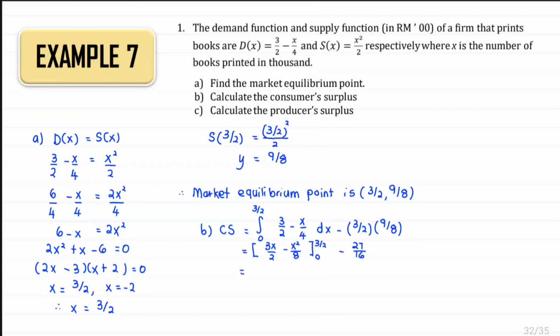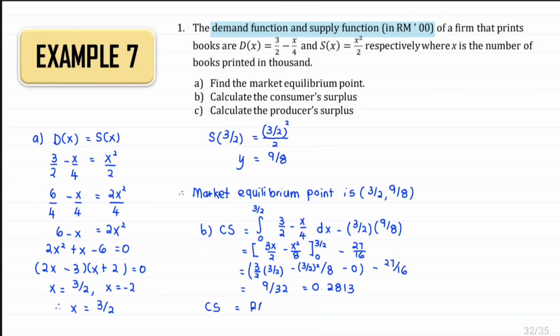Then we substitute the value 3 over 2 times 3 over 2 minus (3 over 2) squared divided by 8, then minus 0, minus 27 over 16. Then we calculate, we get 9 over 32 or 0.2813. Since demand and supply are in RM100, our CS is 28 ringgit and 13 cent. We move 2 decimal points.